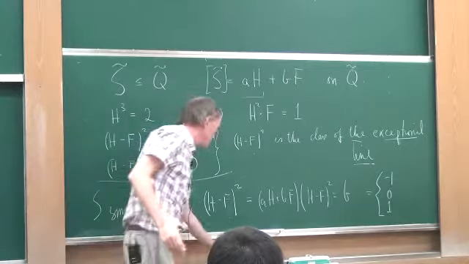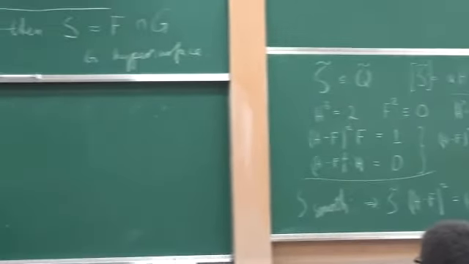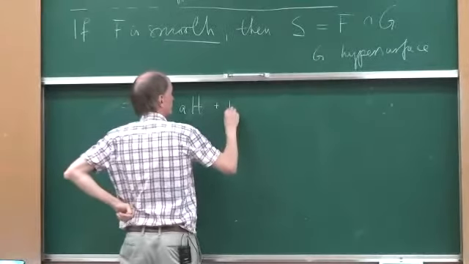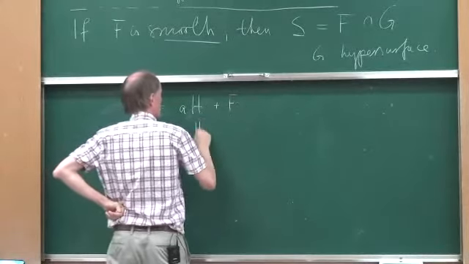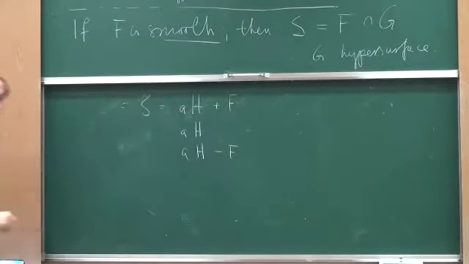So this is in a singular quadric, let me put it this way. The conclusion: S tilde is AH plus F, or AH, or AH minus F. Okay?